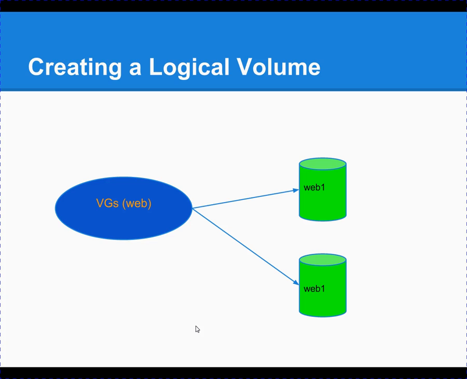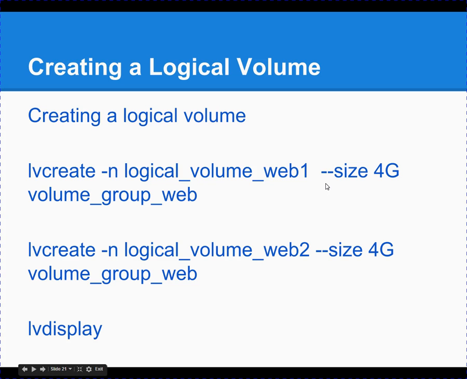Okay, so now we have the volume groups created. From the volume groups, we're going to create logical volumes, and then from there we create file systems. So creating logical volumes, of course it has the word create in it. It's simple. You just give the full path. It's going to be lvcreate -n lv_web1.